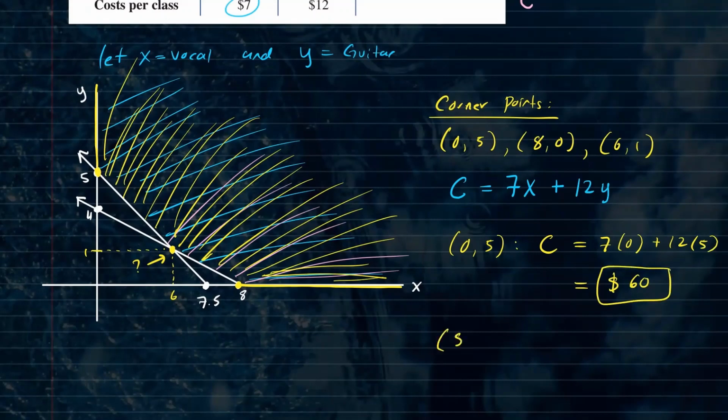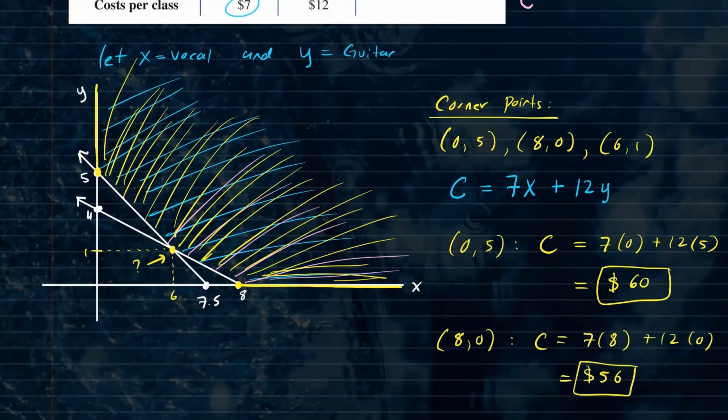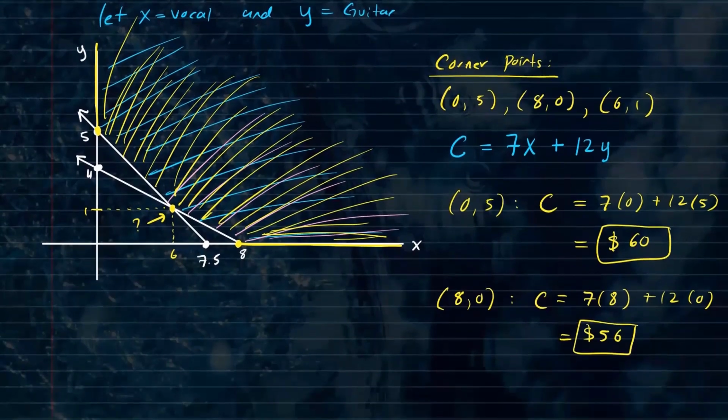Now, what about if you have 8, 0? So the cost would be 7 times 8 plus 12 times 0. This would give you about $56. So that's how much it's going to cost when x equals 8 and y equals 0. And the last point we're going to test is 6, 1.